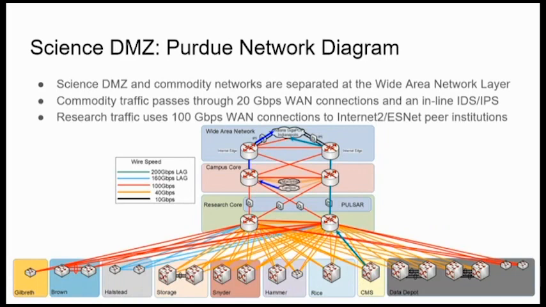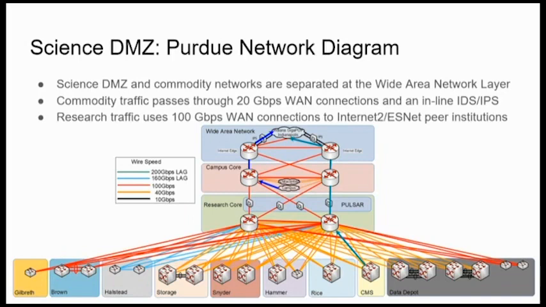You can see these dark blue arrows right here; that's the path it would take. It would go from the campus network to the campus core, then up to the internet edge, and then through the link with the IPS on it to the internet. This IPS provides some inline security for the computer that is on a commodity network.